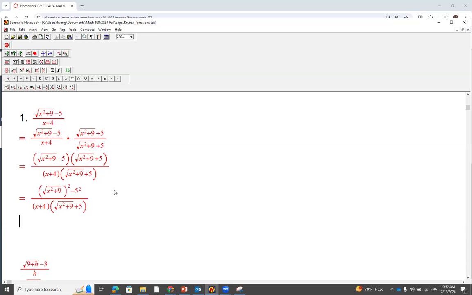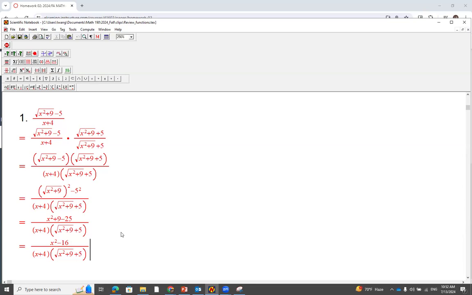Okay, then equals, the next step, x squared plus 9 taken square root and then being squared will equal x squared plus 9. And subtracting 25, and the next step, the top is x squared minus 16.